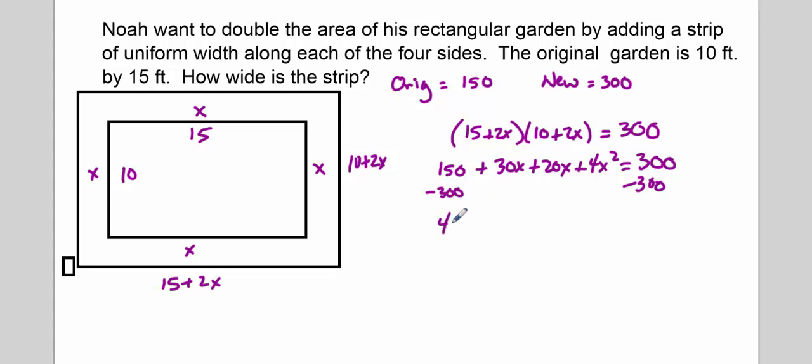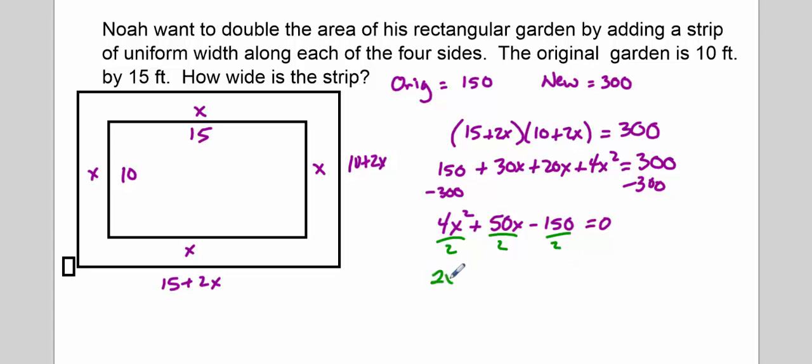Combine like terms, so that's 4x squared plus 50x minus 150 equals 0. 2 goes into all these. Instead of factoring it out this time, I think I'm just going to divide every term by 2, which is also a technique we can use.